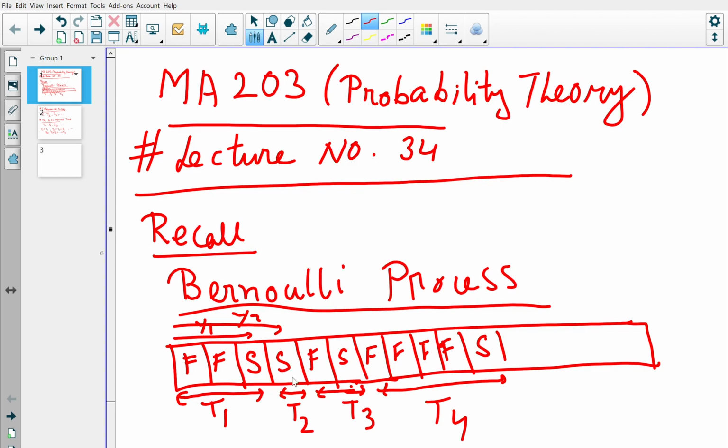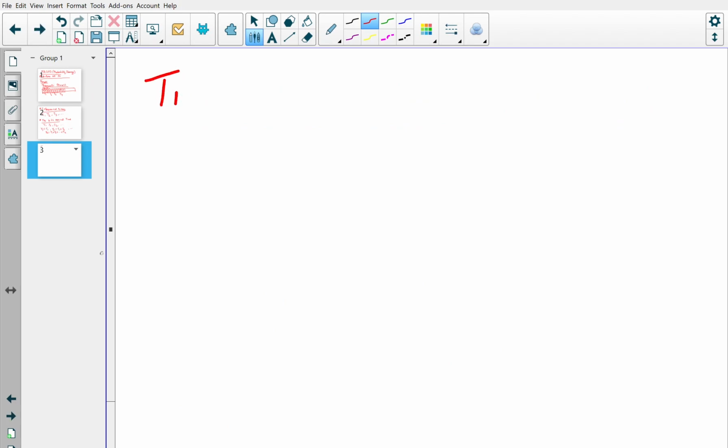You start again, and you want to find out how many trials you require for the second success. So this is again a new random variable, right? This fresh start property tells you it is independent. By our last discussion, we know that T1 is a geometric random variable.